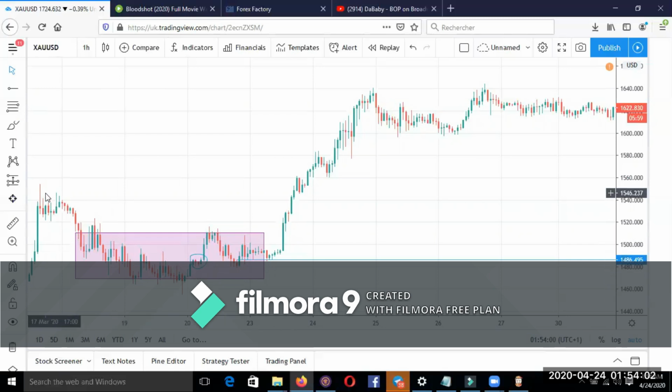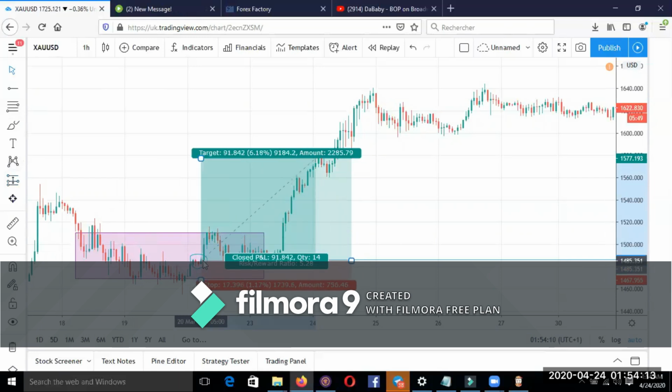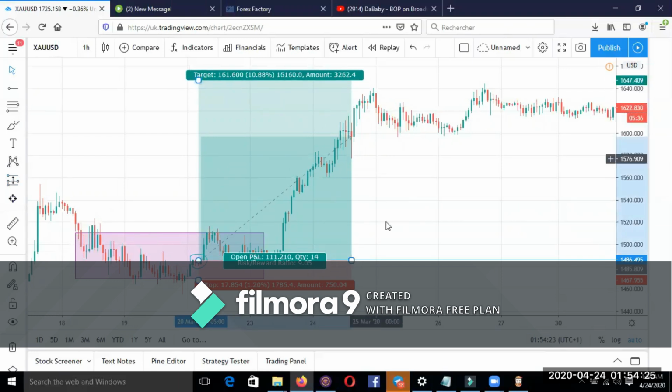Instead of a 40 pip stop loss at the previous one, you now have a tighter stop loss, because you know it's about to go bullish. It's going to respect the bullish order block, so it's not going to break the bearish order block.